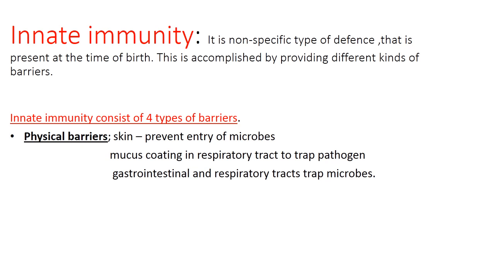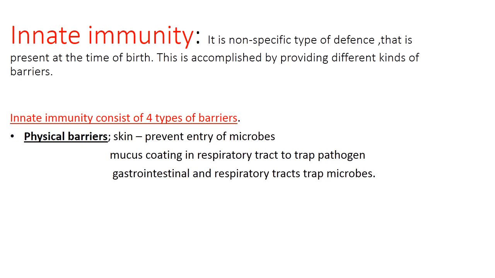First one is the physical barrier. A physical barrier is just like the wall of your house. You are protected from wind, rain, and external temperature by the wall. Like that, in our body, there are some organs protecting us from the entry of external pathogens.